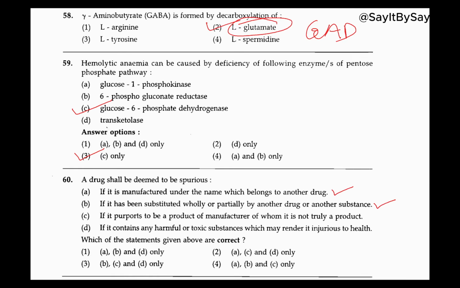If it purports to be the product of a manufacturer of whom it is not truly a product. Correct. It contains any harmful or toxic substance which may render it injurious to health. No, this is not under the definition of a spurious drug. That's why the correct answer is 4, A, B, C only.